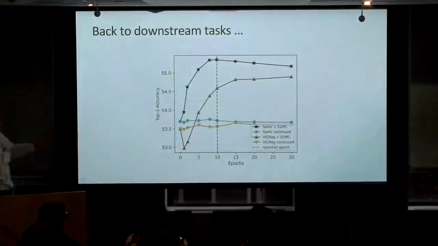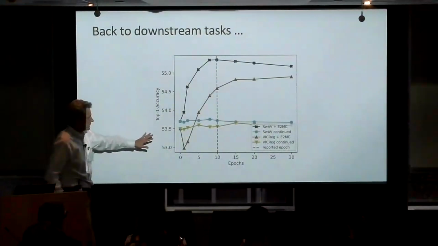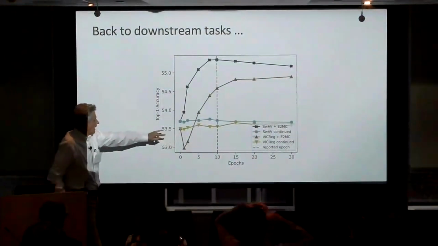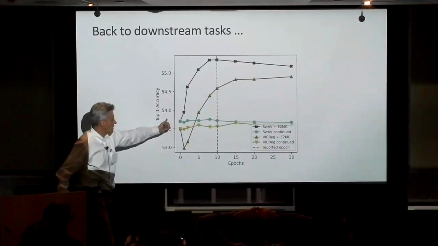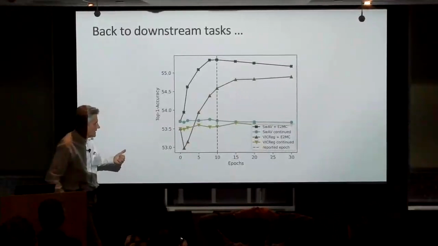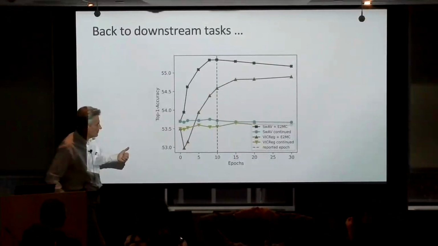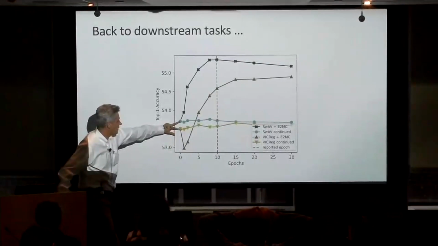Oh, and this is just another look at what our model actually does. These two flat curves here are the standard SWAV SSL model and the VicReg model. This is VicReg here, and this is SWAV.